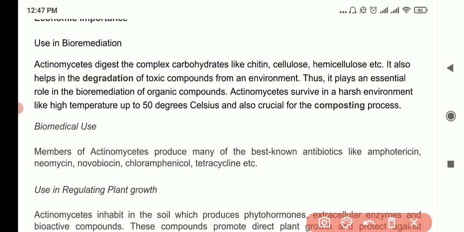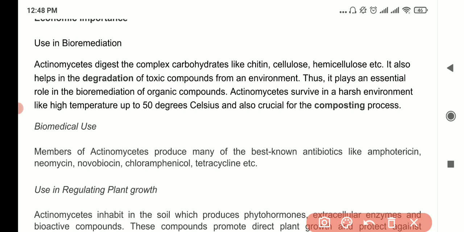Next, biomedical use, because all the medicine that you are taking, even if you are affected by COVID, you will have to take medicine from actinobacteria only. Whatever antibiotics you get, most come from the actinobacteria.